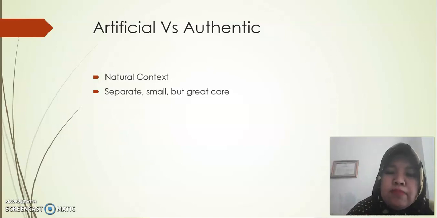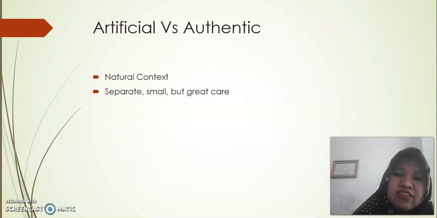But if we talk about artificial, it means that the skills which are tested are separated. But the benefit is that we give great care to each skill that we want to test.